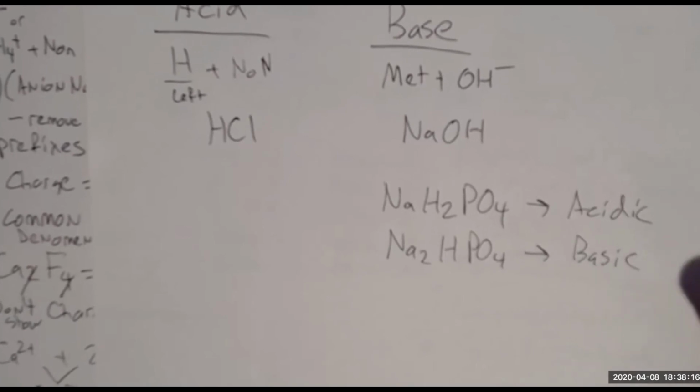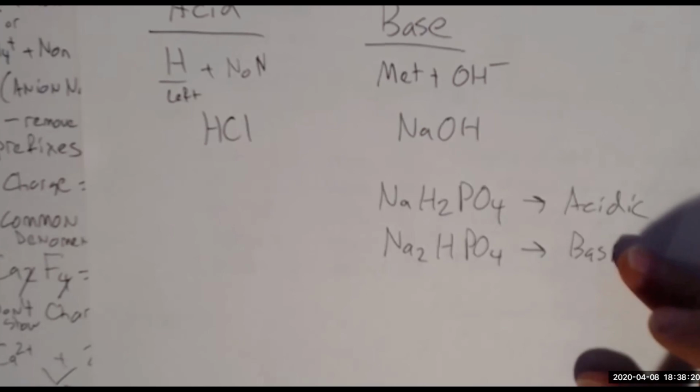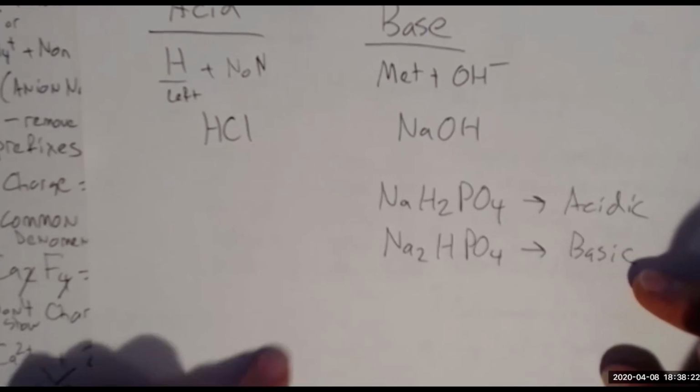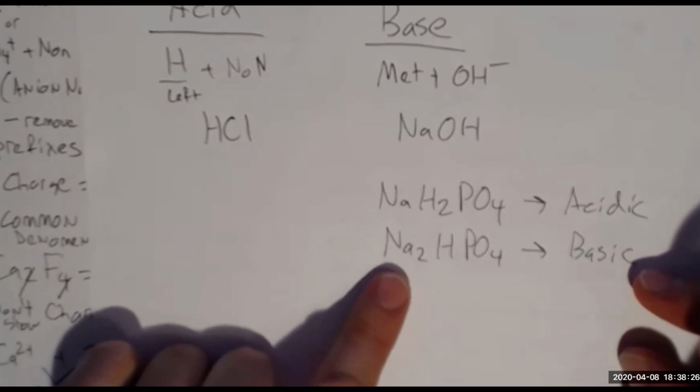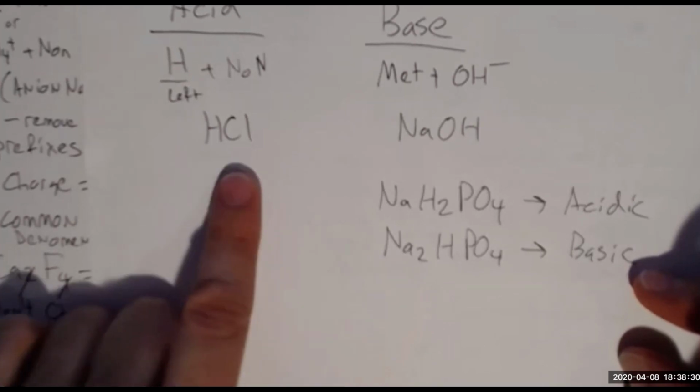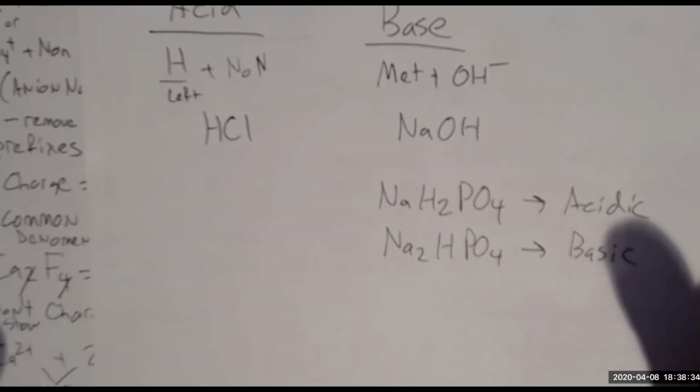You may get into this controversy in Chem 1A, or more likely in depth in Chem 1B. So just having hydrogen on the left or hydroxide on the right is not the end of the story.